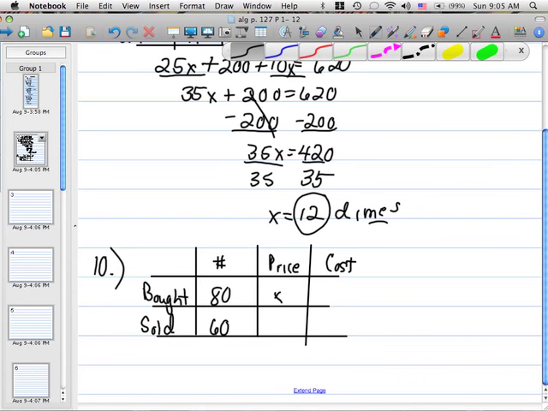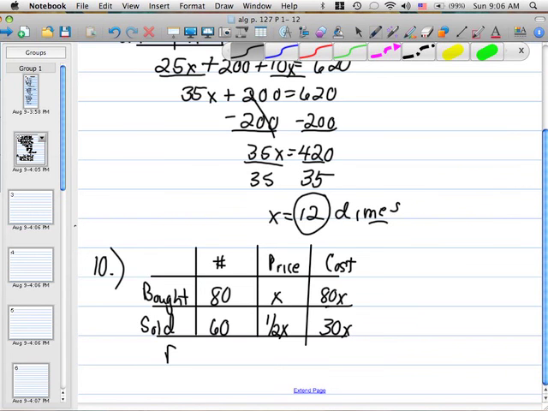So if X equals the purchase price, then 1/2 X equals the selling price. So the total cost, the total that they spent on buying this, was 80X. And the amount that they sold it for, half of 60, is 30X.